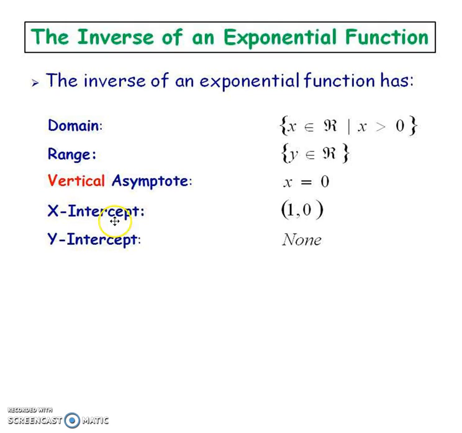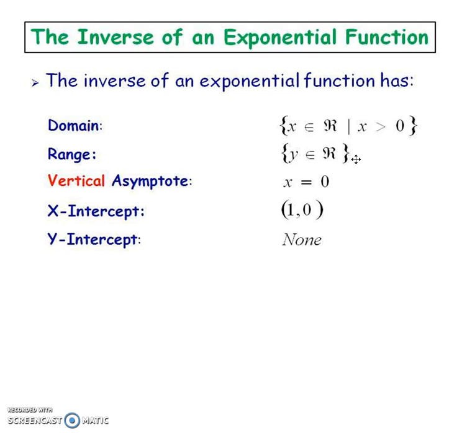That y-intercept is now an x-intercept, and the numbers have switched around. It's not 0, 1, it's 1, 0. So there is no y-intercept because we have that vertical asymptote. The domain is actually limited, whereas the range this time is infinite.